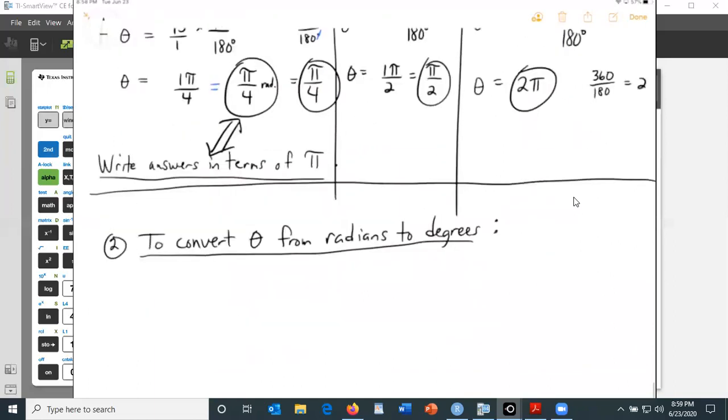So what you're going to do is take theta and multiply it by 180 degrees over pi radians. And notice that this conversion factor is just flipped over from part 1. From part 1, we had pi on top. Here we're putting pi underneath in the denominator so we can cancel radians. Remember, when you're converting, the value that goes in the denominator is what you're trying to cancel. So here we're trying to cancel radians, so we get the answer in the numerator, which is degrees.